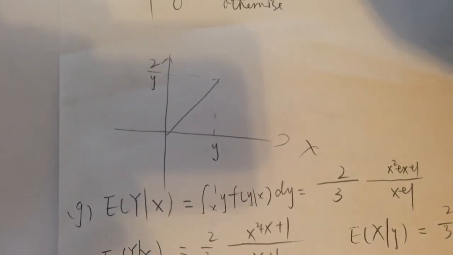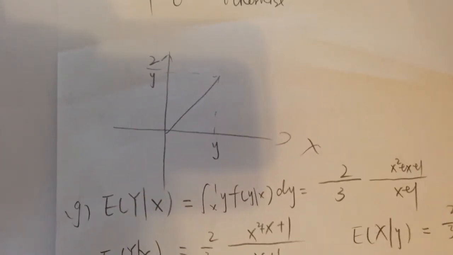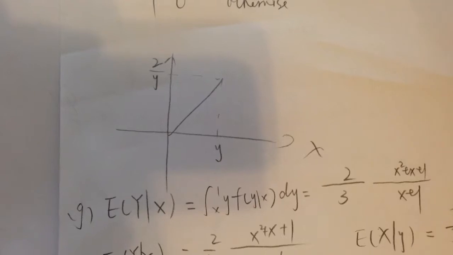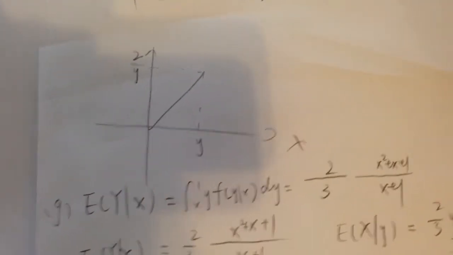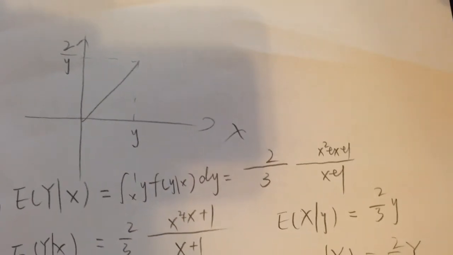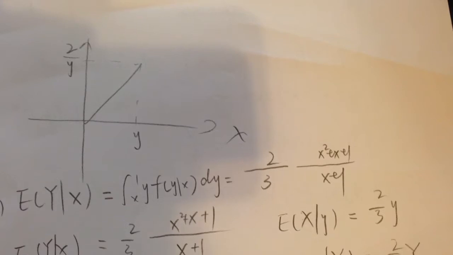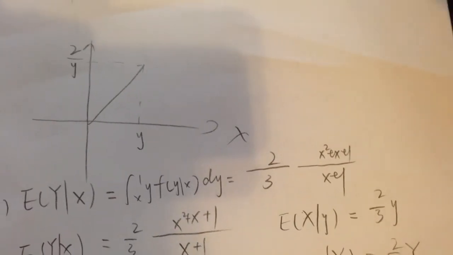So here we just need to use y times f_{Y|X} and integrate. So we get the expectation of Y given X is 2/3 times (x squared plus x plus 1) over (x plus 1).